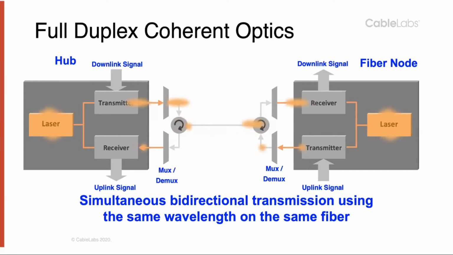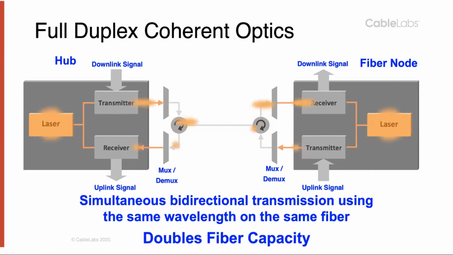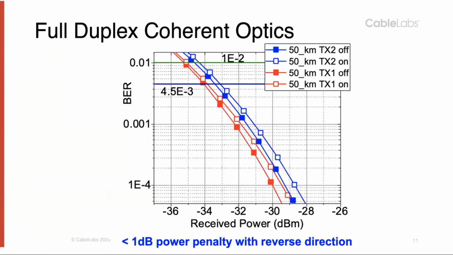When you have a single fiber strand available, you can transmit using circulators in front of the transceivers in both directions. So bidirectional transmission using the same wavelength on the same fiber and using a single laser, which at the end doubles fiber capacity, and capacity is one of the things that we wanted to improve.